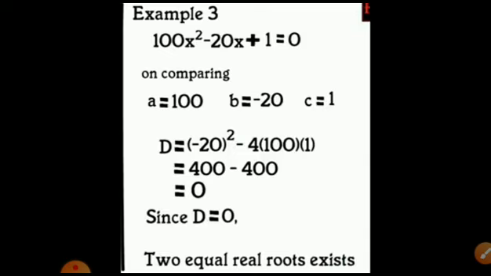If it is greater than 0, it has two distinct real roots. And if it is less than 0, it will not have real roots. Hope this part is clear to you.